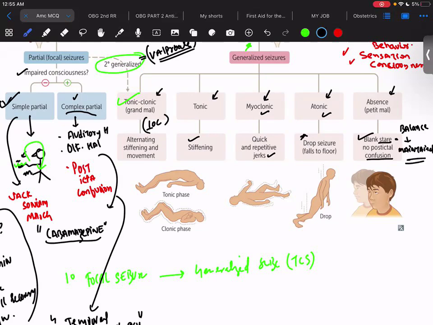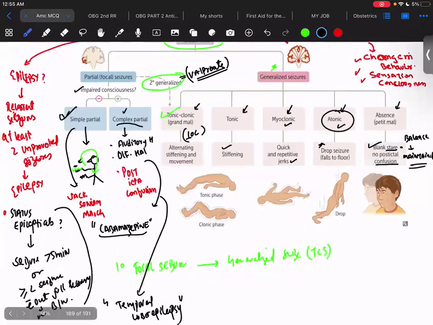If the patient is having this blank stare and the patient then drops, it is not an absence seizure, rather it is an atonic seizure. So it drops, falls to the floor. It's most commonly mistaken for fainting, but you should remember that these patients should be ruled out as a case of atonic seizures.